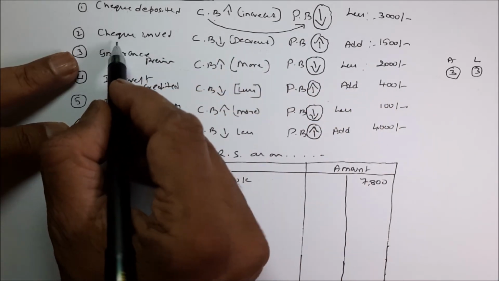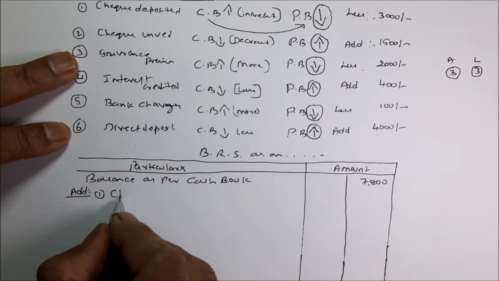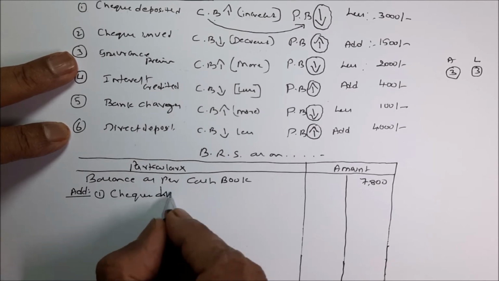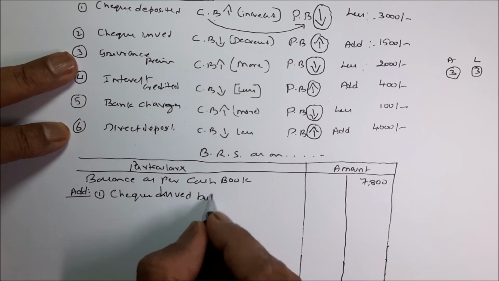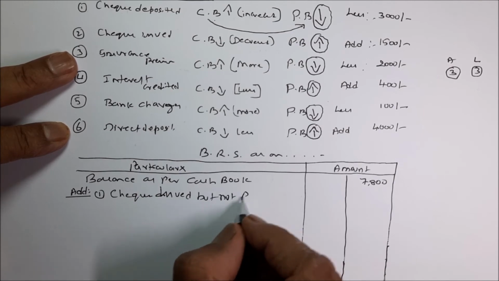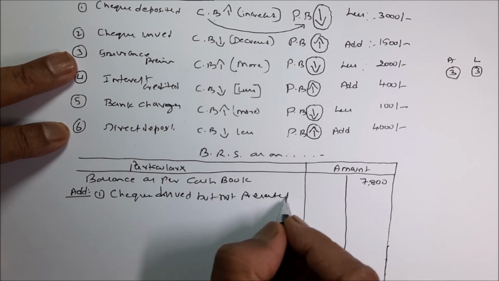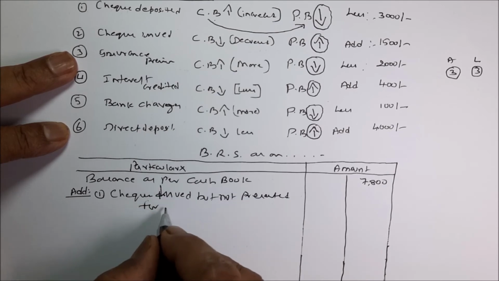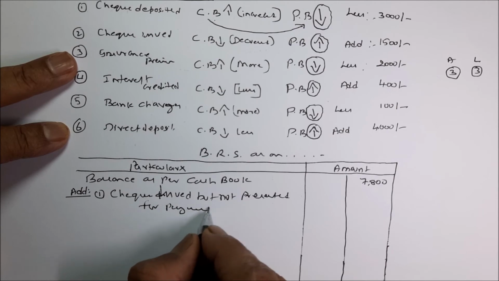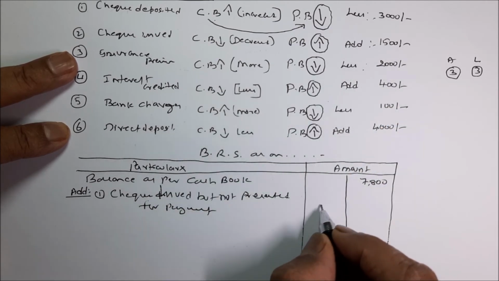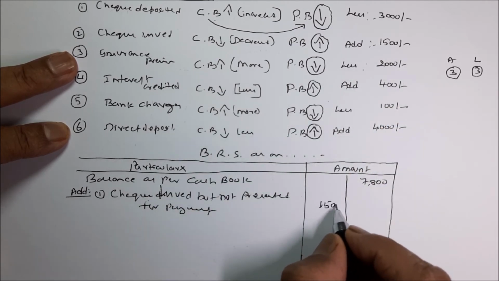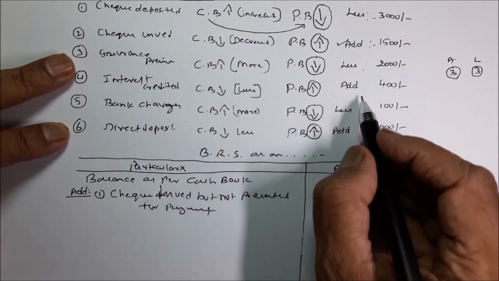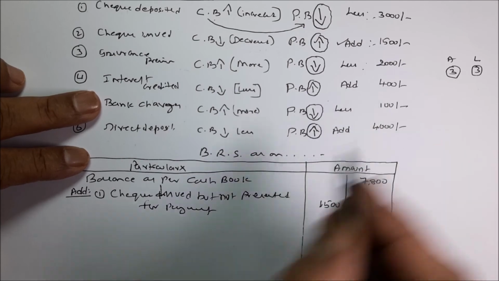First add, you just see. What is that? Number 1, cheque issued but not presented for payment, 1,500. One add is over. Then another add, interest credited, 400.